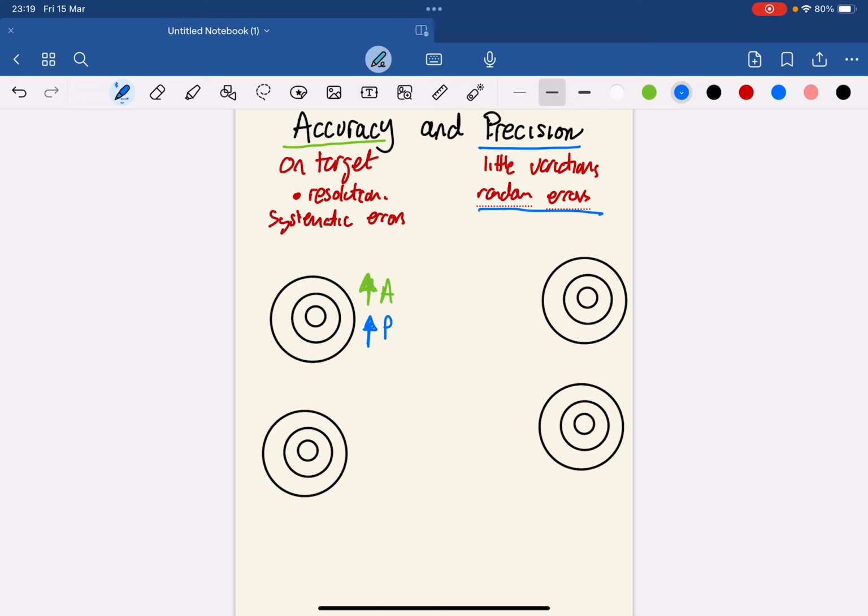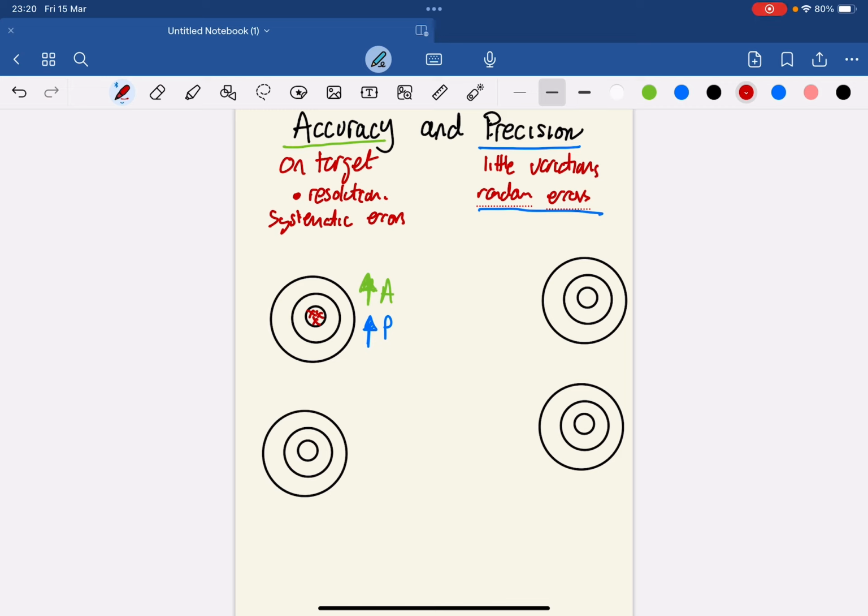So it's going to be very precise and very accurate. And this would be when our darts hit the bullseye all together.